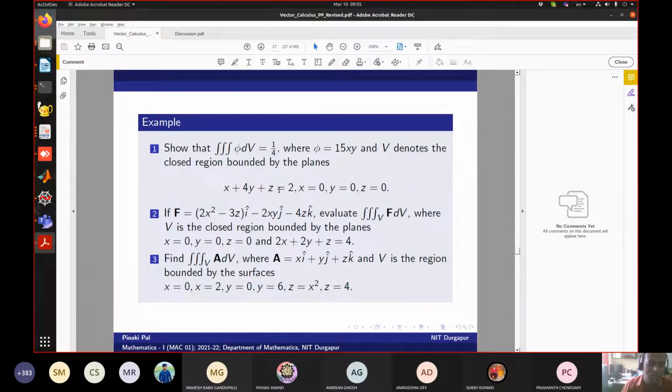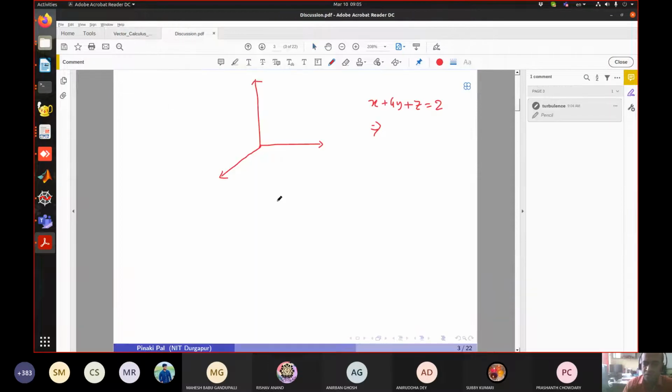So x plus 4y plus z equal to 2, that means x by 2 plus y by half plus z by 2 is equal to 1.